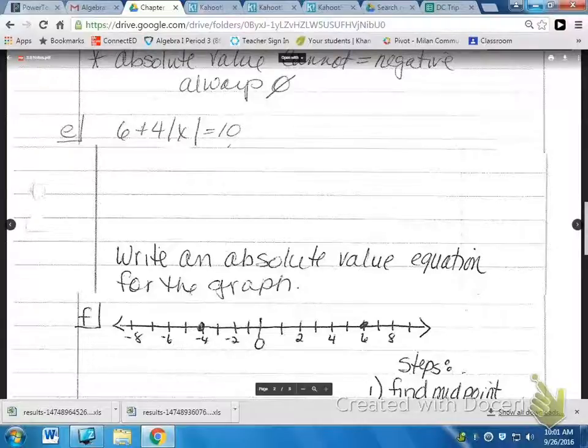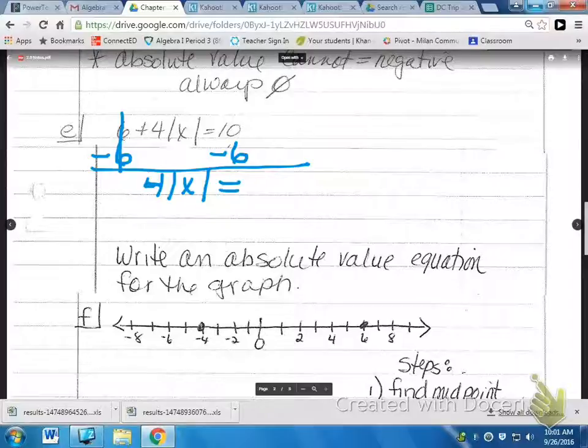But right now, that one just has an absolute value of x by itself. I still have to isolate it by doing this. You would subtract 6 from both sides, just like solving a regular equation without the absolute value sign. And that would make this fall out. You would have 4 times the absolute value of x, and that equals 4.